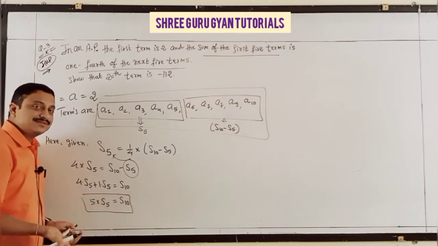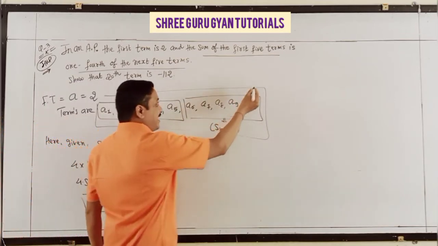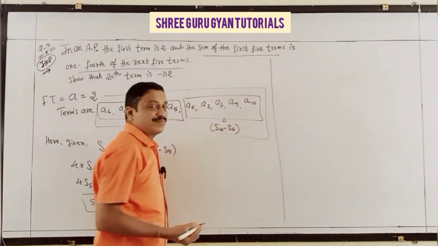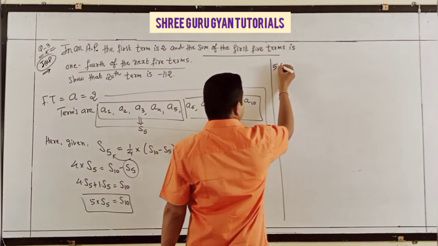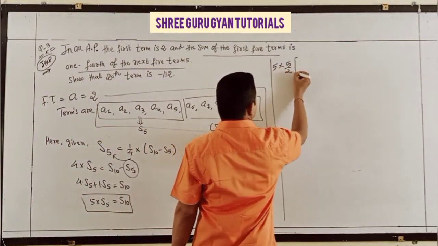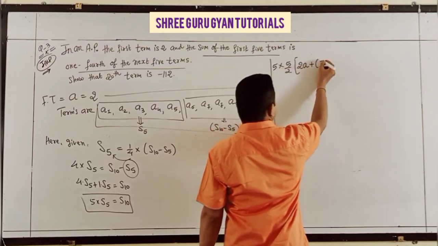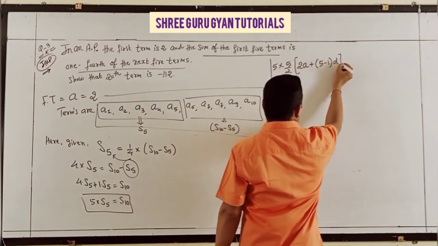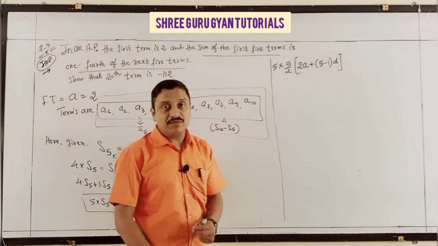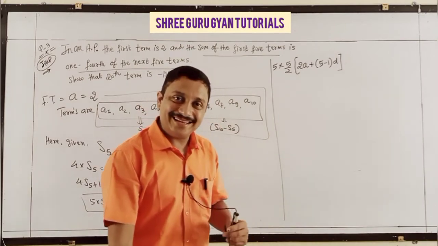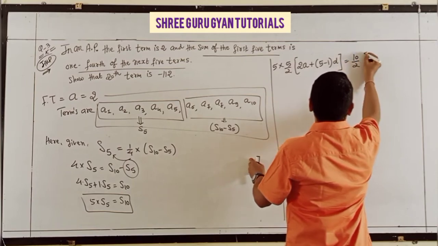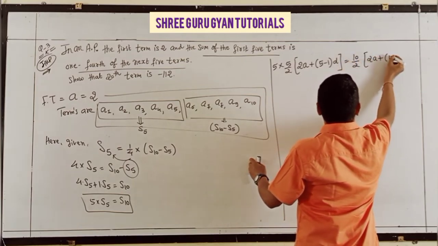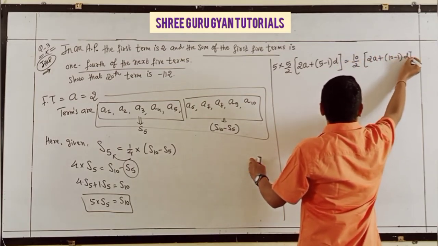Now you know the Sn formula, the summation of arithmetic progressions. S5 is 5 by 2 times (2a plus (n minus 1)d), meaning 5 minus 1 d. Same here, S10 is 10 by 2 times (2a plus (10 minus 1)d).